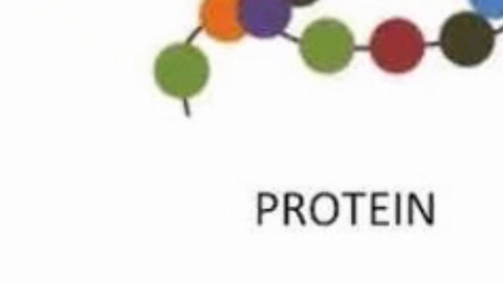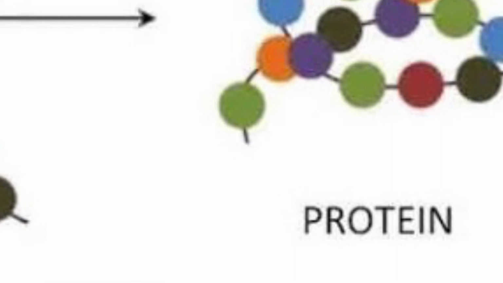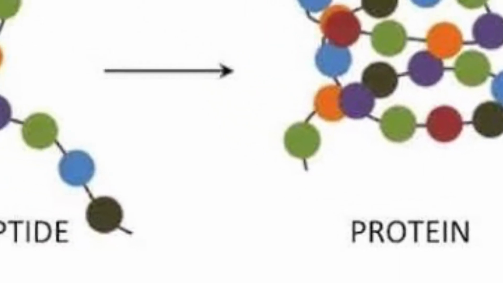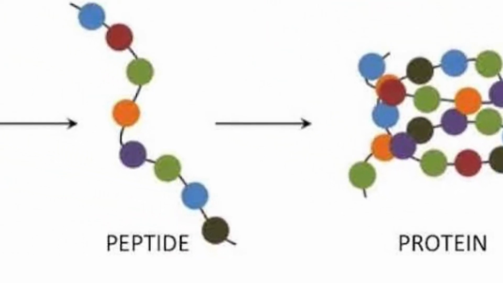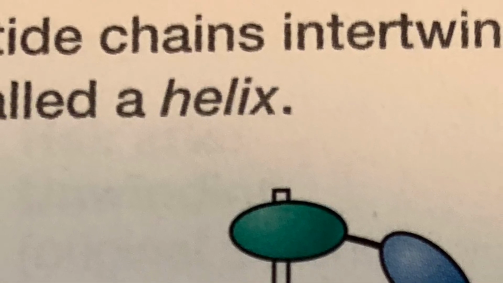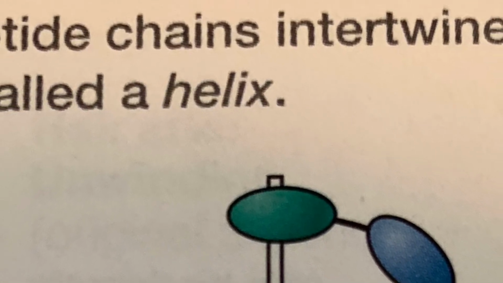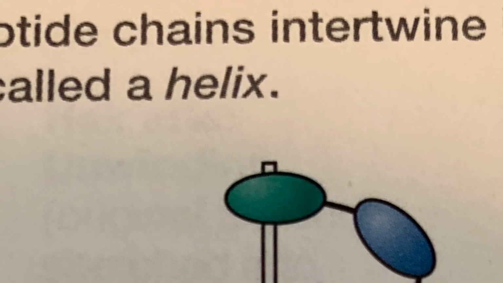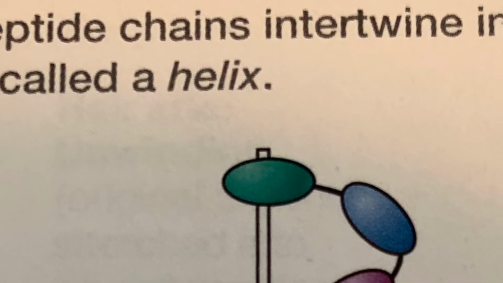Proteins are long, coiled, complex polypeptides made of amino acids. The spiral shape of a coil protein is called a helix, which is created when polypeptide chains entwine with each other.